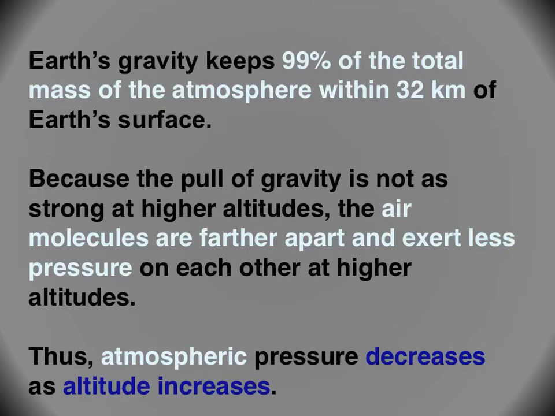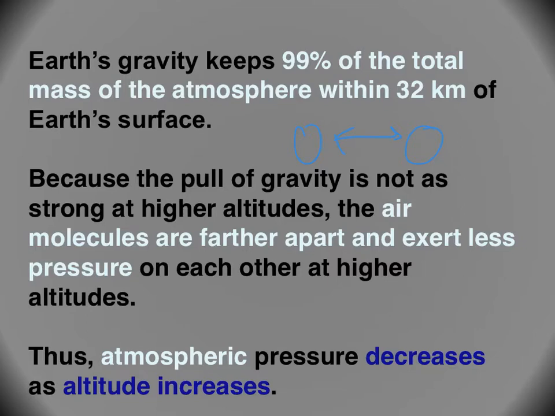It stays close. The pull of gravity is not as strong at higher altitudes, because of one of Newton's laws, the universal law of gravitation. The farther away an object gets from another object, the weaker the force of gravity gets. So what does that mean?